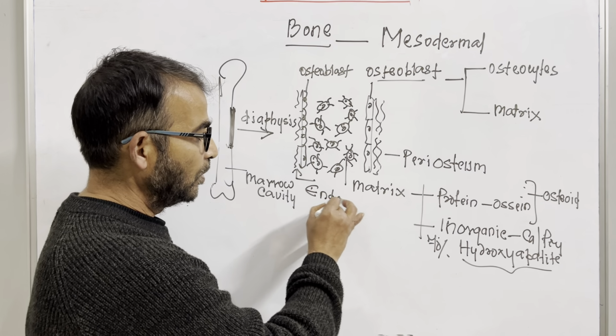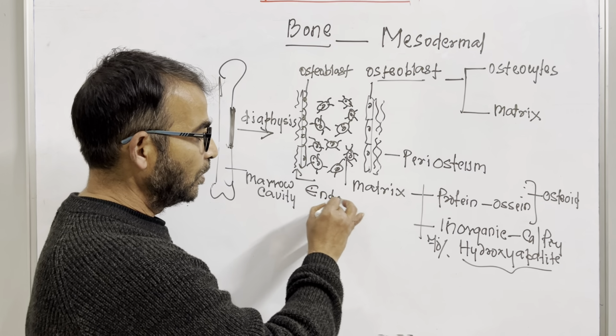So a bone contains this periosteum on the outside of the hard bone part, then osteoblasts, the bone forming cells, which form the osteocytes. These are the osteocytes.